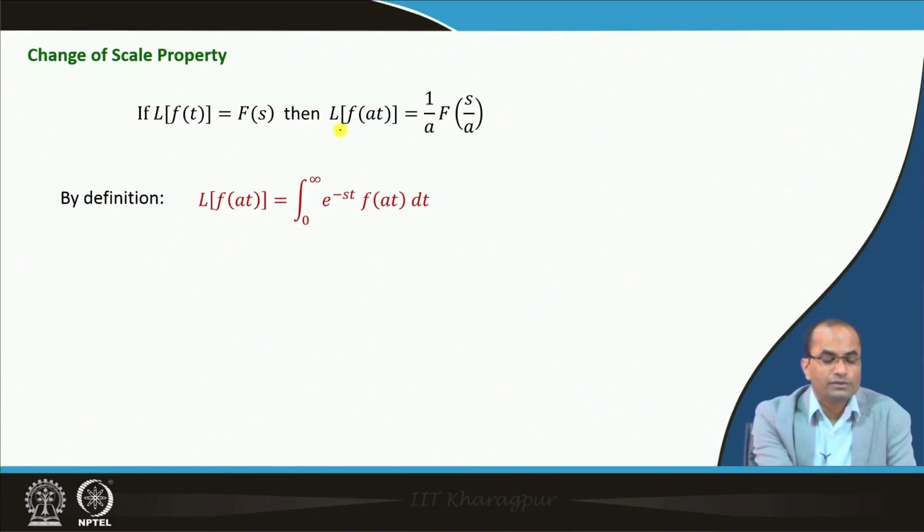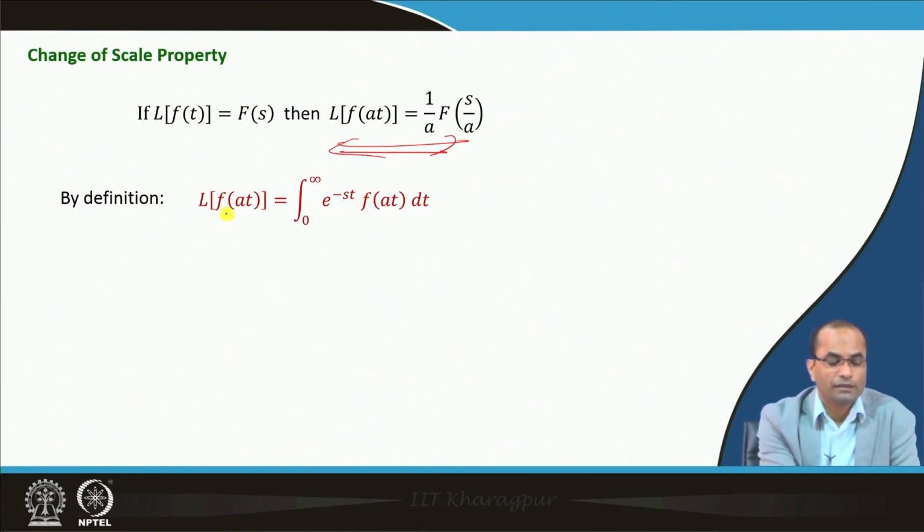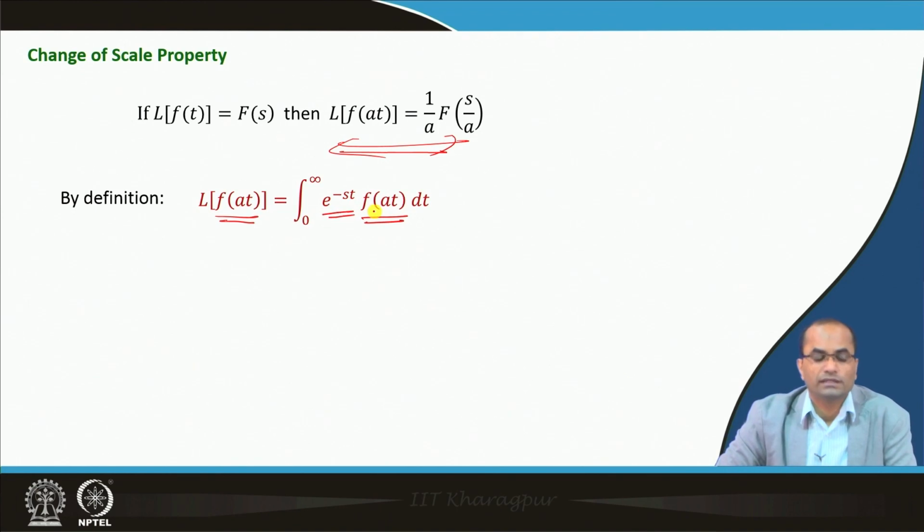Here also we can use the definition to prove it and get the idea of how this property comes up. We have the Laplace of f(at), which by definition is the integral of e^(-st) f(at) dt.